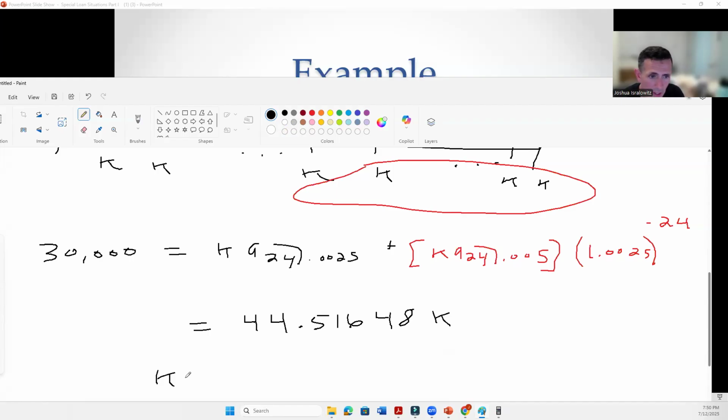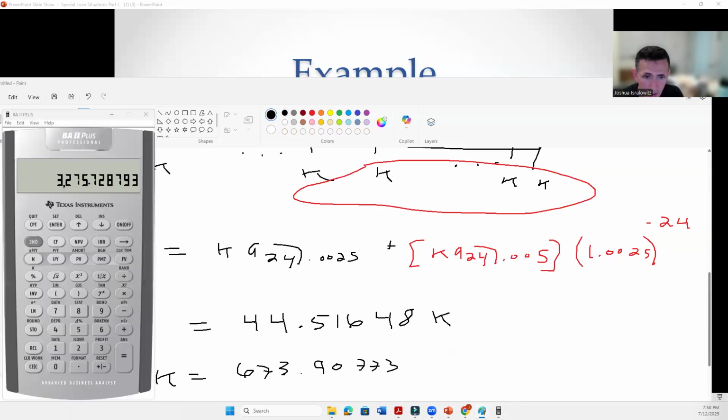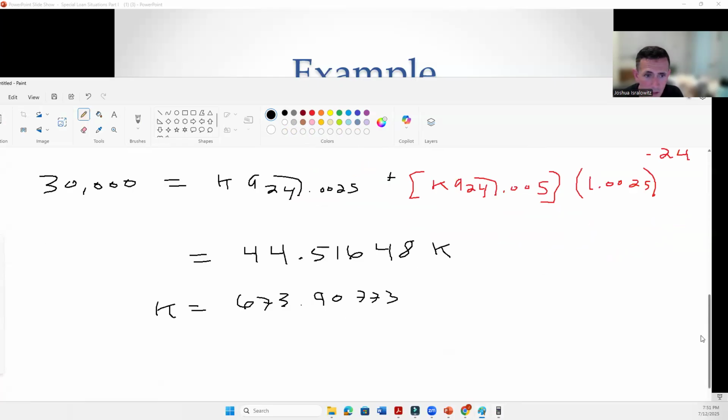So solve for K. K is 673,91. I'm going to take this 673,9077 sevens, and I'm going to store this in the one spot, right?